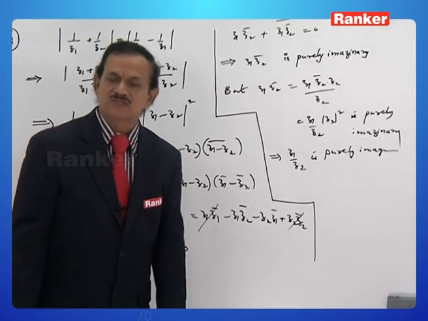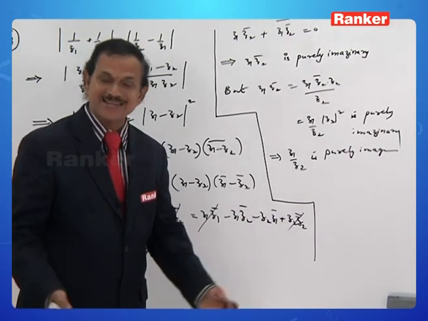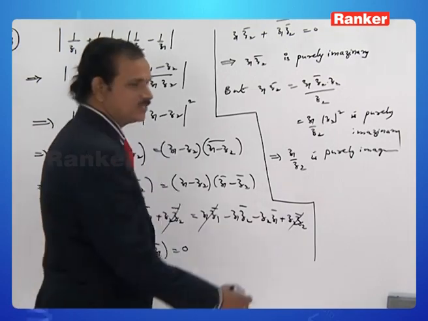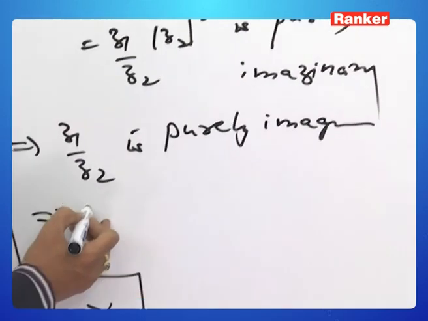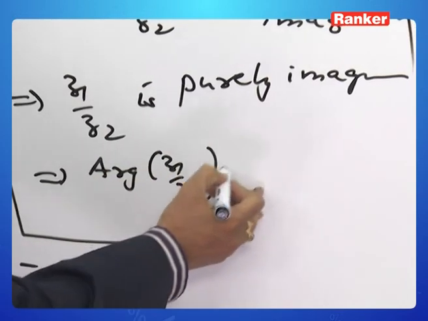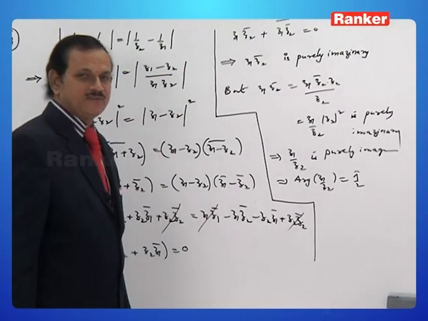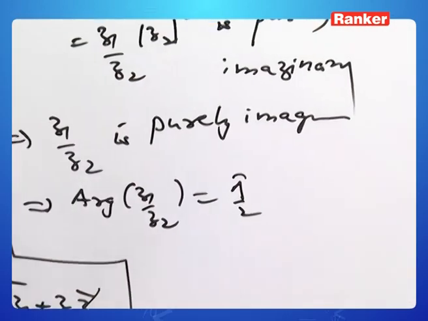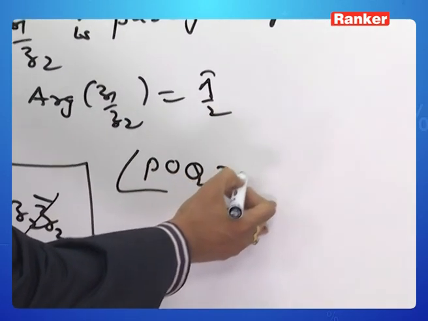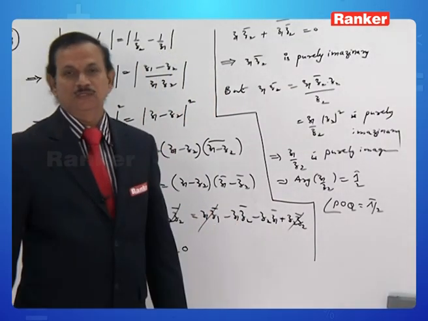Z1 by Z2 is imaginary means argument of Z1 by Z2 is 90 degrees, that is pi by 2 rather. Argument of Z1 by Z2 is just nothing but the angle POQ. Am I correct? Angle POQ is 90.